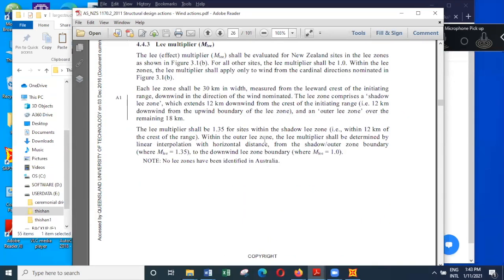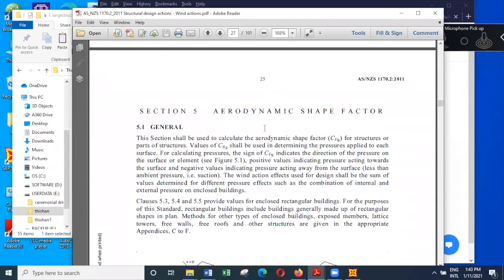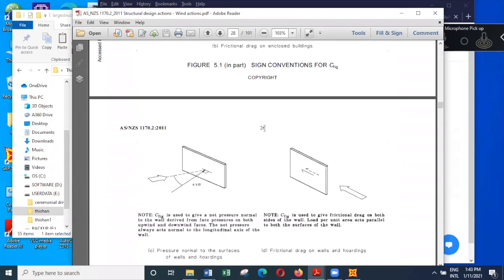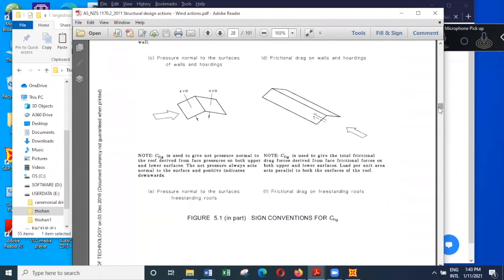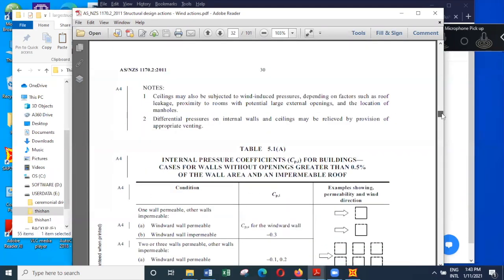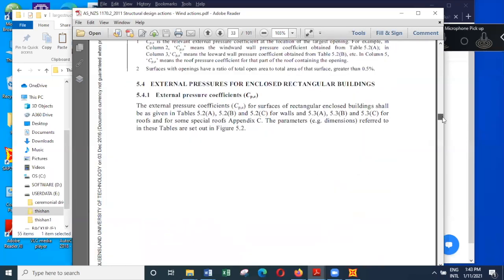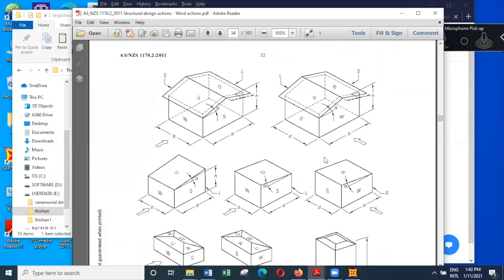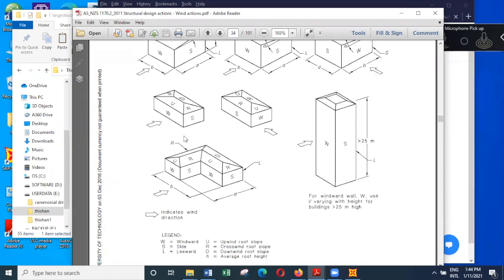If there are other buildings close by, they allow you to make some reduction in the wind loads. So then it actually allows for various other possibilities. And this is how we have considered the width of the building as B, depth of the building as D, when the wind is acting in this direction.